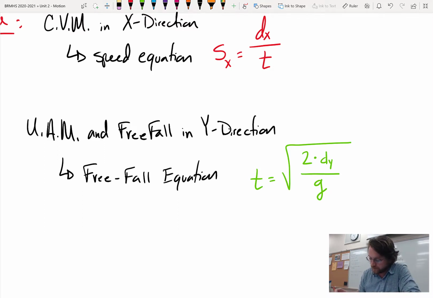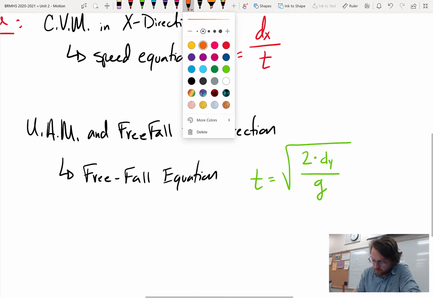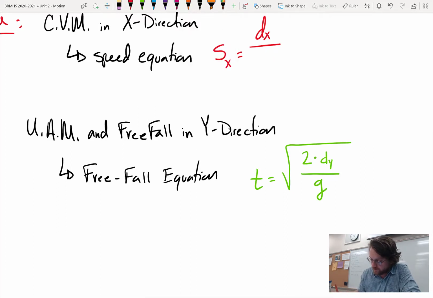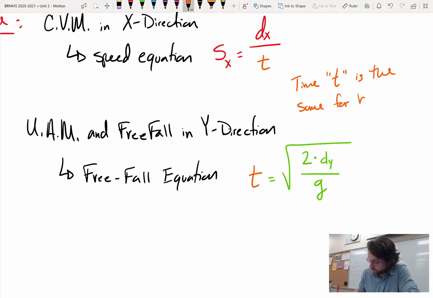So really this time t up here in the red equation, my speed equation, I'm going to make that a different color. I'm going to make that orange. And down here in the free fall equation, I'm going to make that orange. I'm going to say these times, time t is the same for both horizontal and vertical.